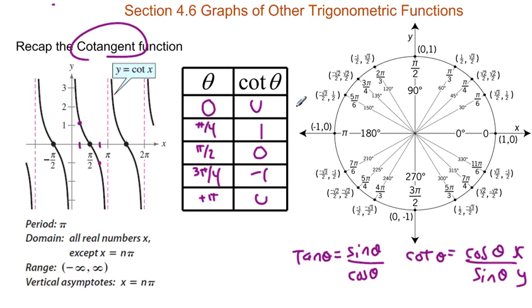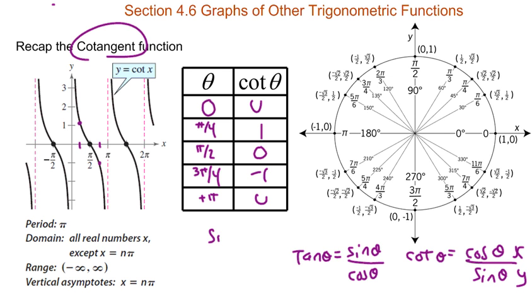So what we just did was derive the key points for cotangent, and the pattern just continues. At every pi, 0, pi, 2 pi, 3 pi, 4 pi, we're going to have what we call the vertical asymptotes. I hope this makes sense: as we learned back in chapter 2, vertical asymptotes are what make the denominator 0.